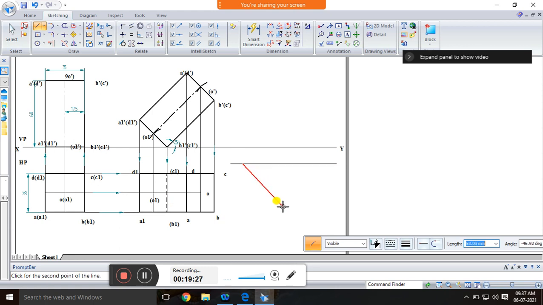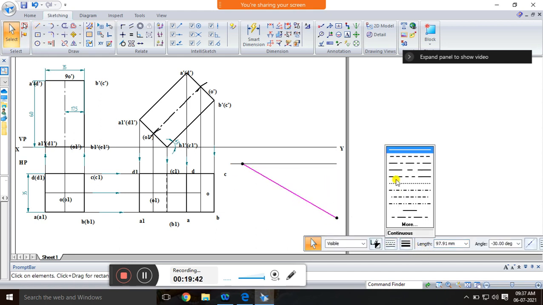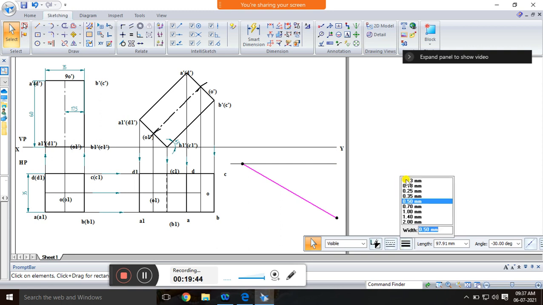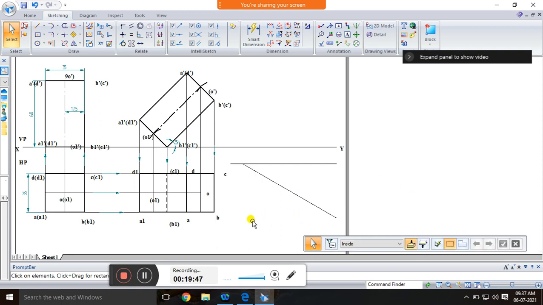So take this 30 degree is 30 degree. Like this you have to place it. So next is you have to rotate this.